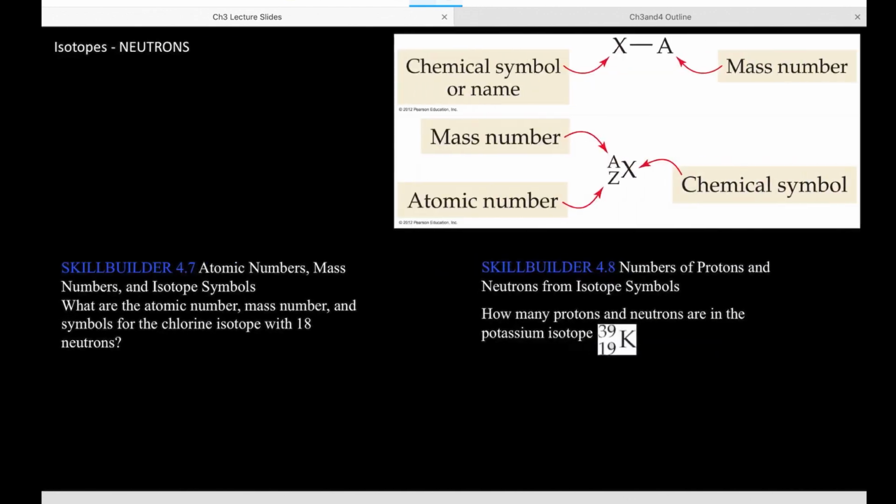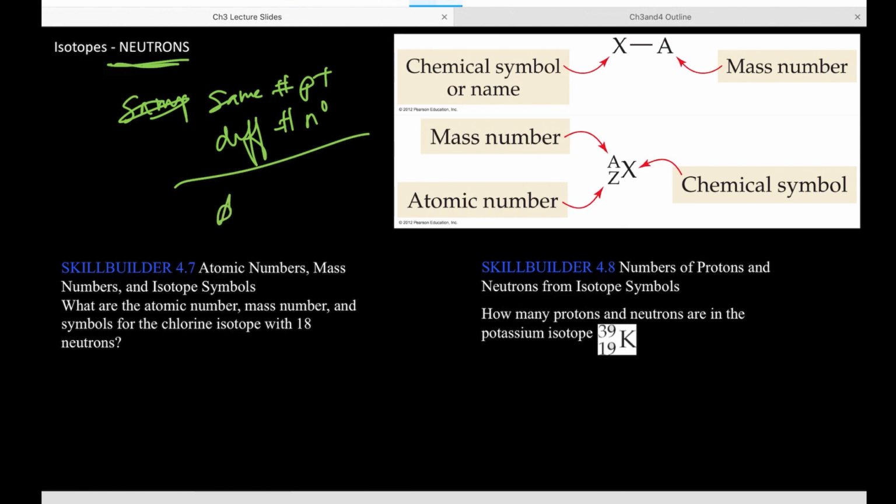All right. Then that brings us to the concept of isotopes, which means same number of protons, but different number of neutrons. If that's the only thing that's different, how do we know two things are isotopes of each other? Right, they will have different masses.